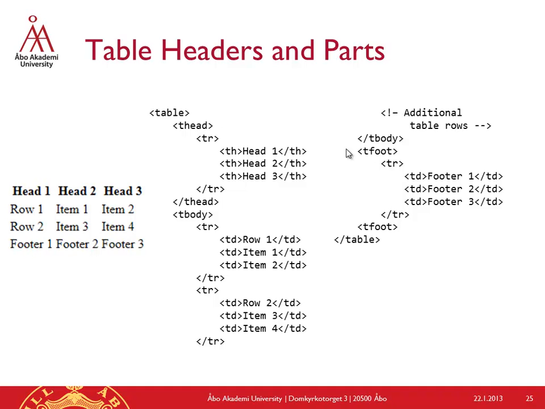Basically we can use this for our CSS connection. And also, it's not very obvious here, but it's also possible to use th within the body to show that, for example, the first column is also a kind of header.